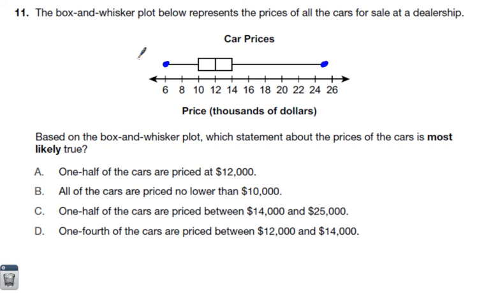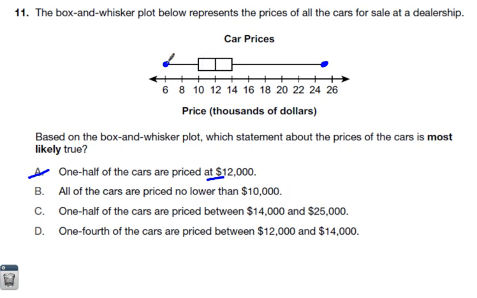Let's go through the options here. A: 1/2 of the cars are priced at $12,000. No. $12,000 is the median, and you could say that 1/2 of the cars are priced higher, as well as 1/2 of the cars are priced lower, but you can't say that they're priced at $12,000, so I'm going to say no. Moving on to checking B. All of the cars are priced no lower than $10,000.